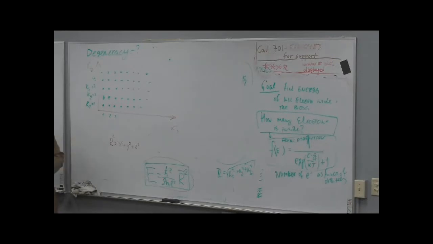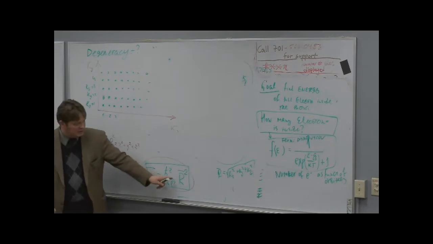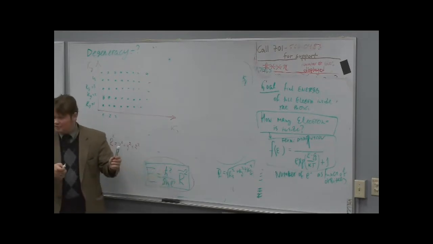Okay? Here, offset from origin. Here we do have the same. We have, instead of radius, this energy times a constant, and on the other side we have these quantum numbers.